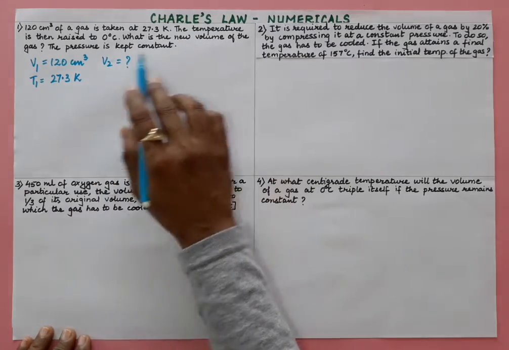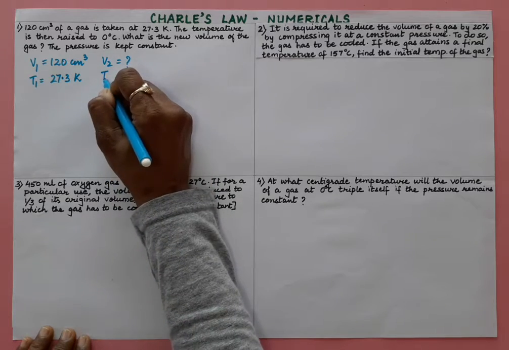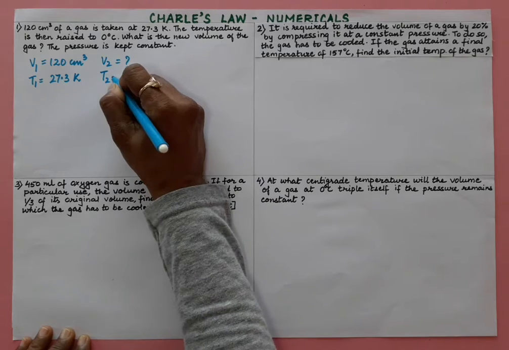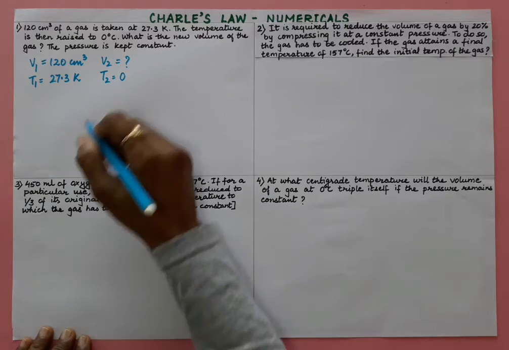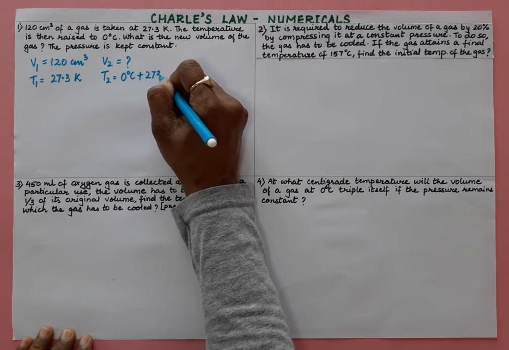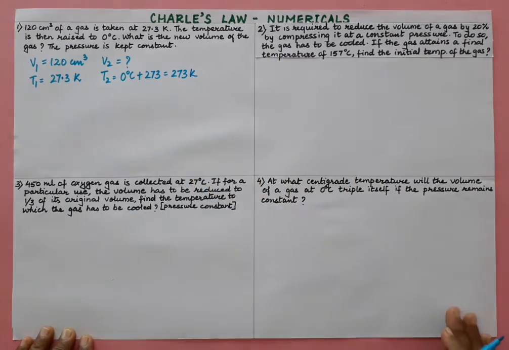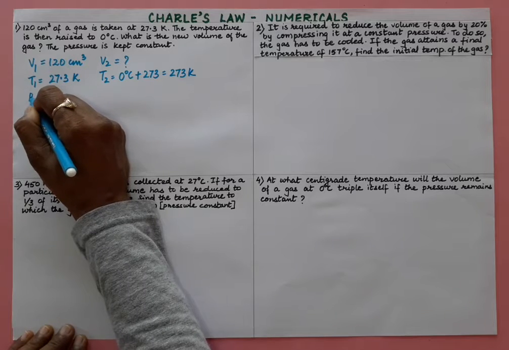Now T2 is 0 degree Celsius. You can't take it as 0, otherwise everything multiplied or divided by 0 is 0. So you have to convert it into Kelvin: add 273, and you get 273 Kelvin.